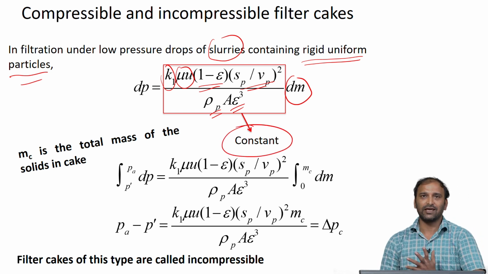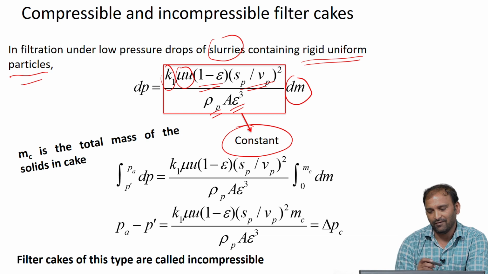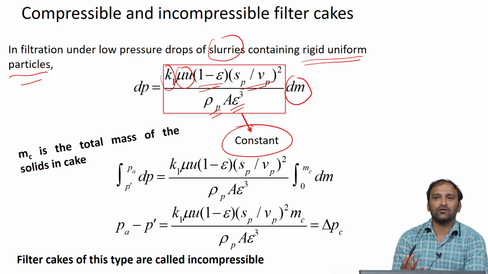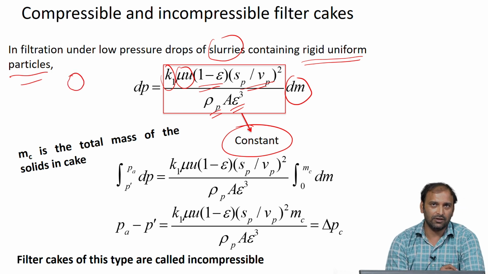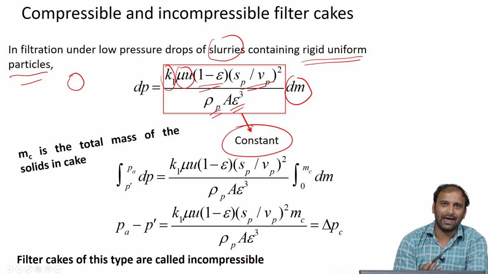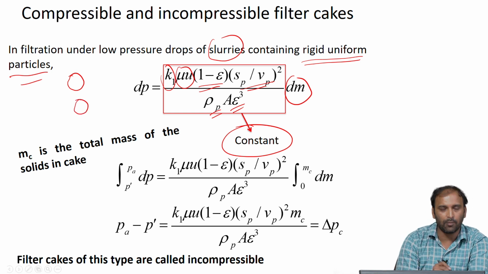You can consider several cases. One example could be that I'm working with a filtration process in which, instead of having rigid particles that constitute the slurry, I have, say, emulsion droplets, which are essentially liquid droplets, right.